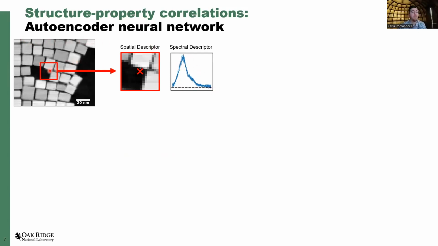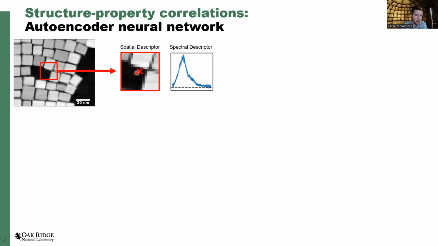What we can do with this three-dimensional data set is create image patches at every coordinate in here. The image patch size is shown here by this box, but that's a parameter of our choosing, and that can actually affect our outcome. But we'll get into that later.